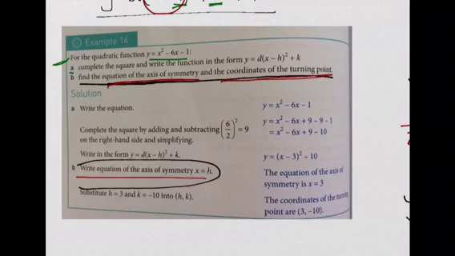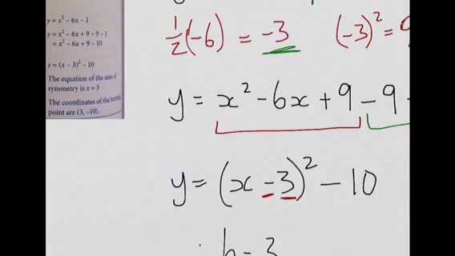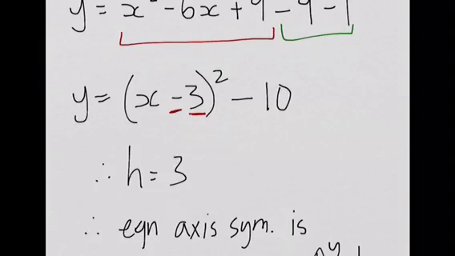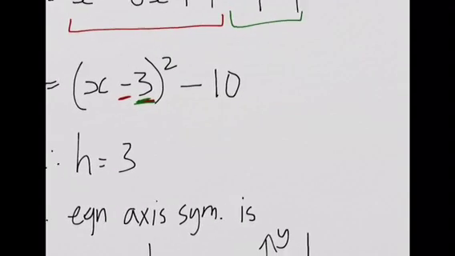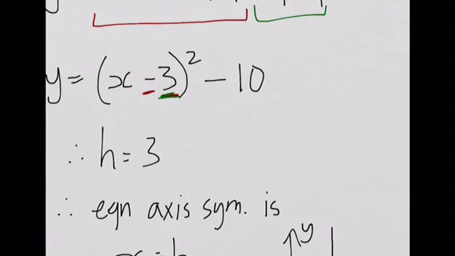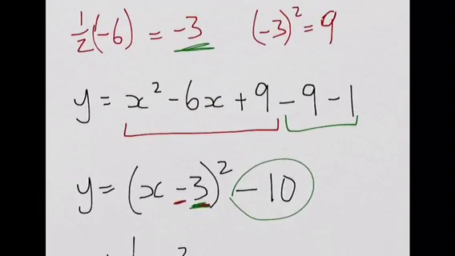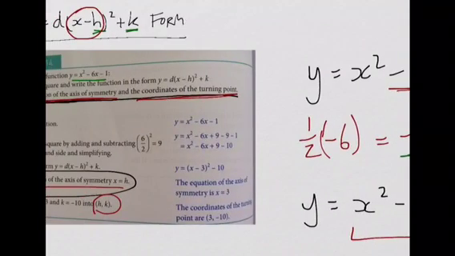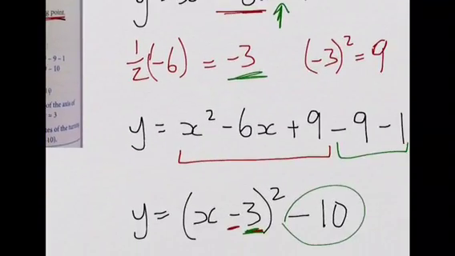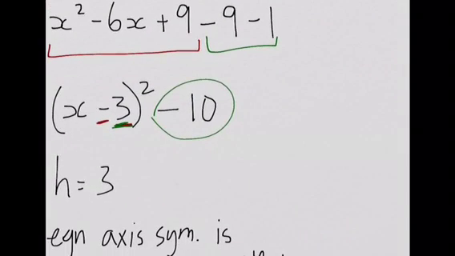The coordinates of the turning point, as discussed, is just the point h, k. Now h was 3, but k, well, we have negative 10 here. The form itself is positive k, or plus k, so this negative 10 is actually equal to plus negative 10.